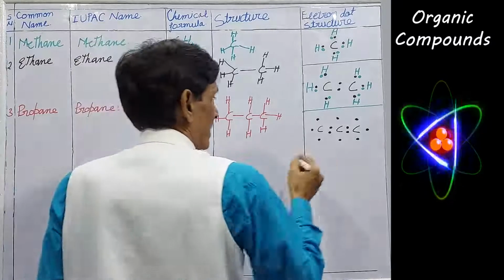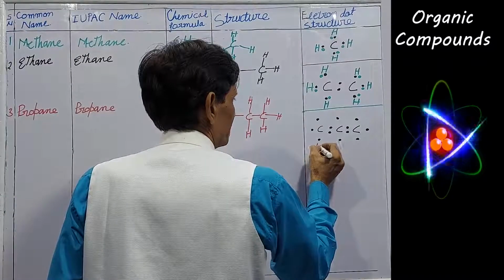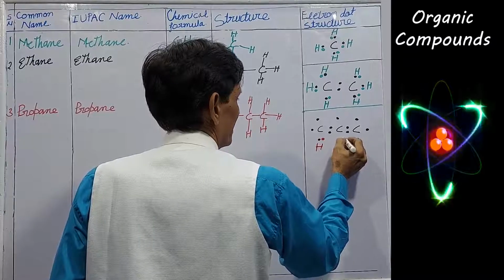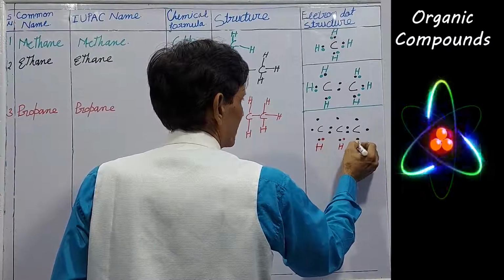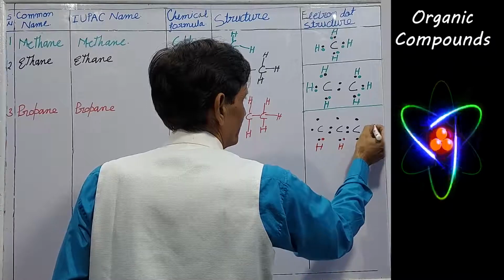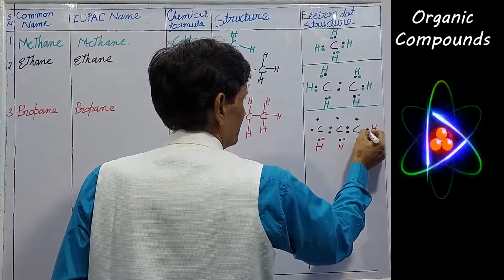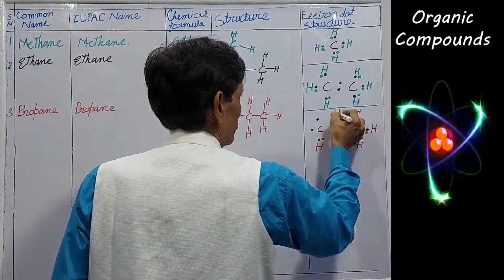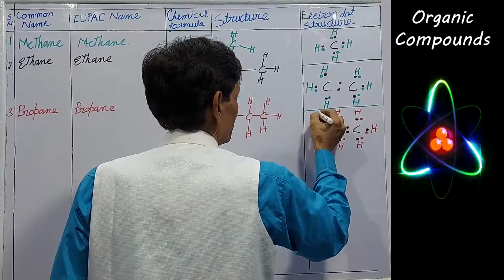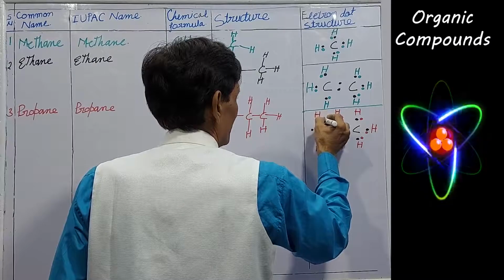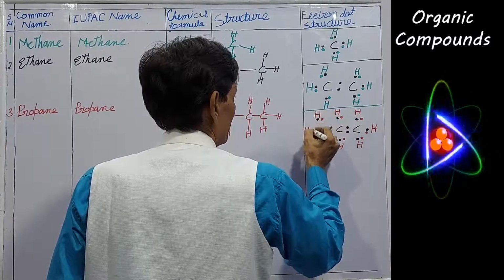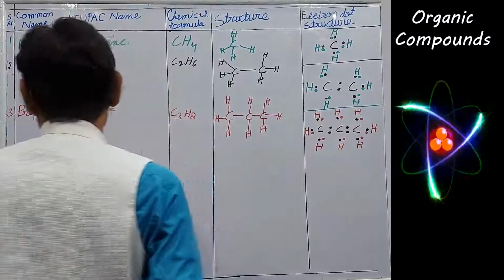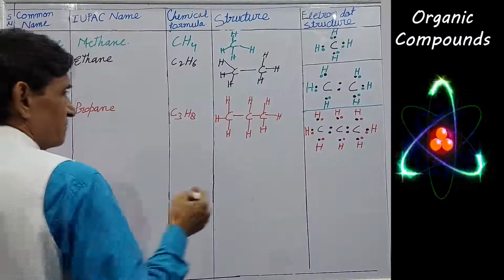The hydrogen electrons are represented by red dots. This is about propane.